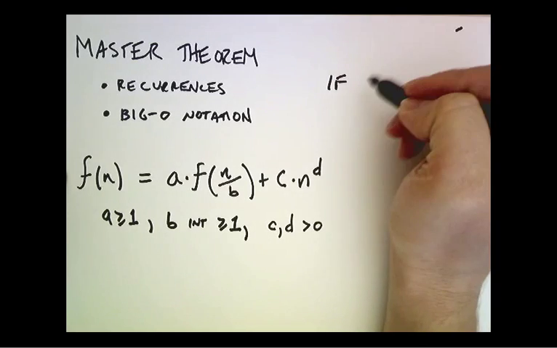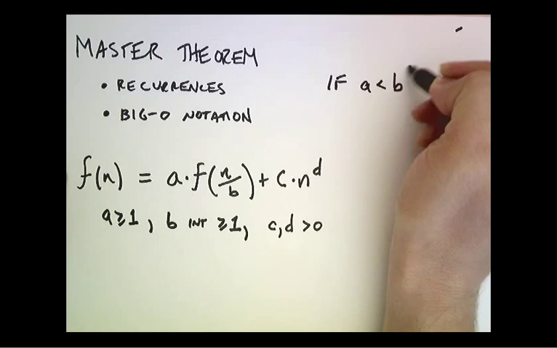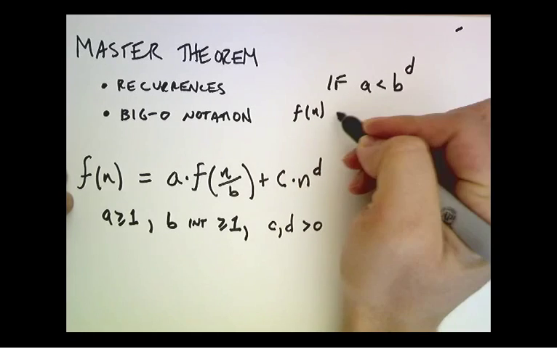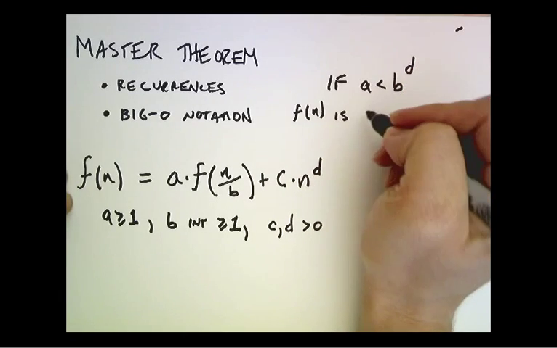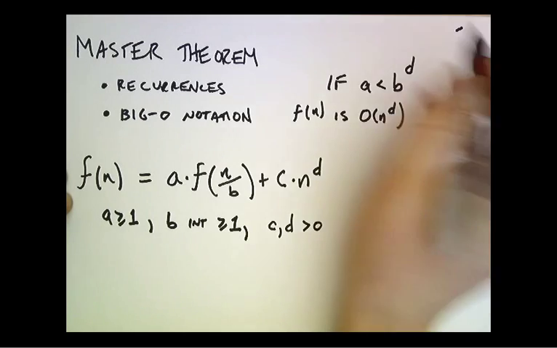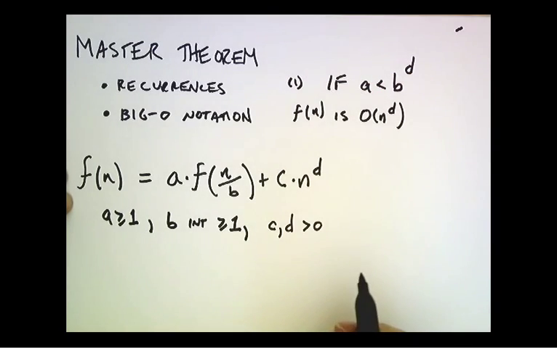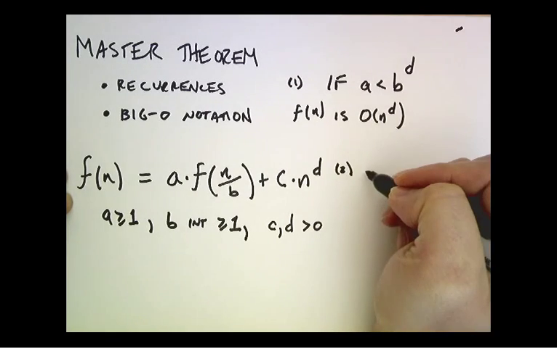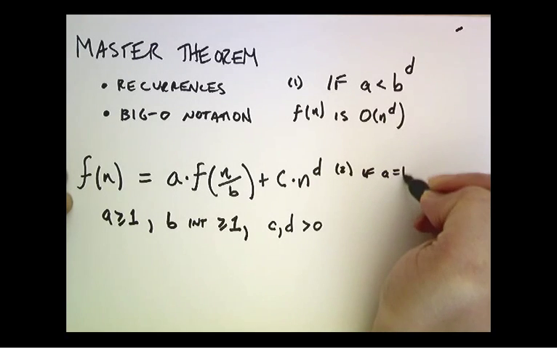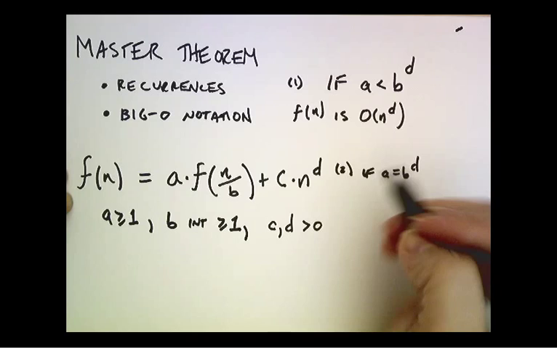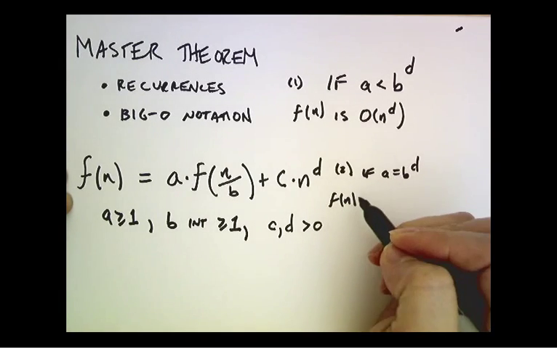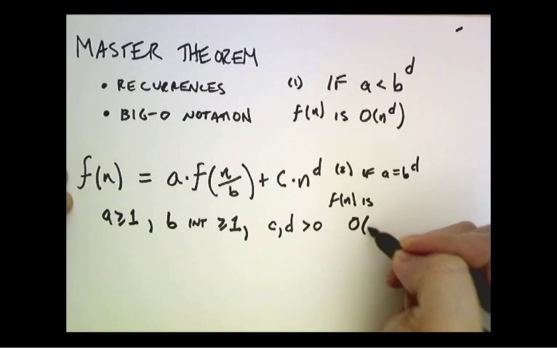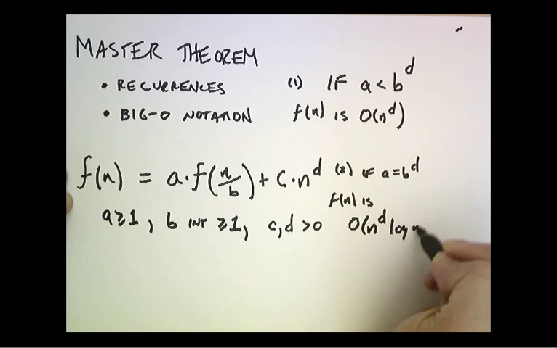If a is less than b to the d, then f of n is big O of n to the d. This is case 1. Case 2 is if a equals b to the d, then f of n is big O of n to the d log n.